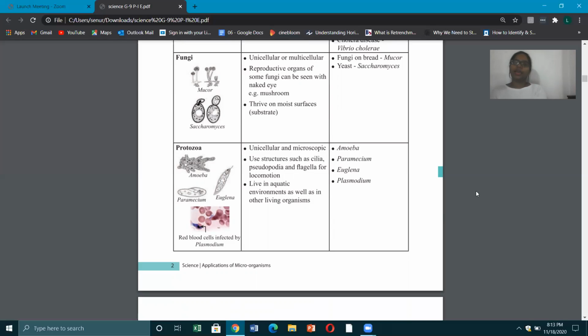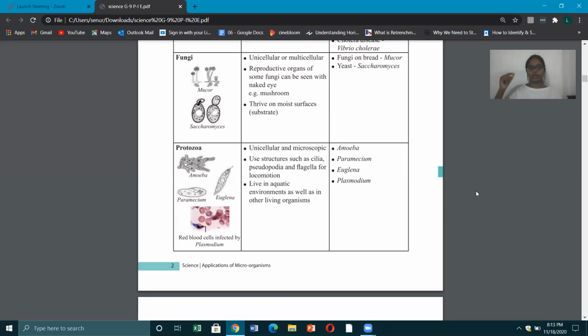So likewise, how does this specific type of microorganism locomote? With structures like cilia, pseudopodia, and flagella. Cilia are, children, small, you can't exactly call them fibers. Those are cilia.